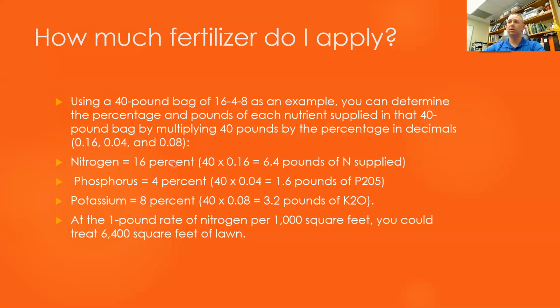So a nitrogen at 16%, 40 pounds times the percentage is 6.4 pounds of N supplied in the entire bag. Phosphorus, 1.6 pounds in the entire bag. Potassium, 8%, 40 times 0.08 is 3.2 pounds of potassium in the entire 40 pounds.